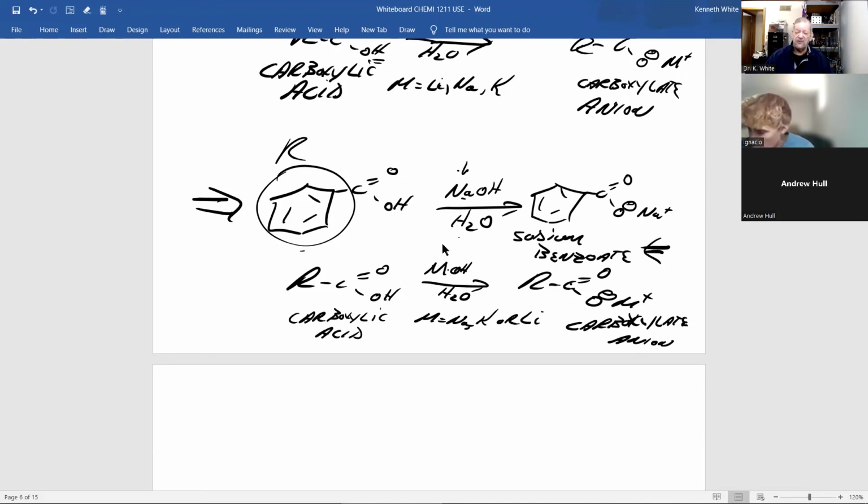Well, sodium benzoate for many, many decades, I don't know how many decades, has been used as a preservative in pop. Now, remember, Dr. White comes from the Chicagoland area, and stuff in a can or a bottle that's carbonated, non-alcoholic, we call that pop, not soda. And that's a preservative. Now, how it preserves or what it preserves, I have no idea.